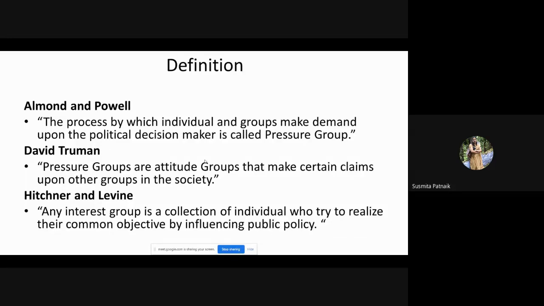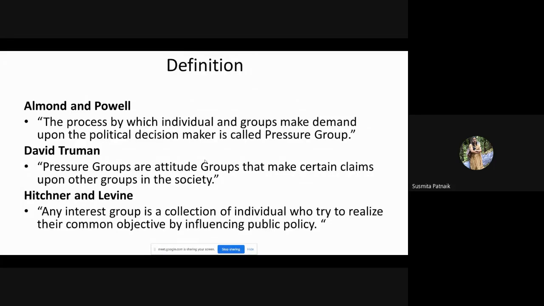So in order to get the policy in favor of them, these policies should be amended in the legislature, and the amendment procedure can be carried out only by putting pressure or lobbying through the pressure groups. If the pressure groups put pressure upon the policy, then what will happen? The policy becomes a legislation.